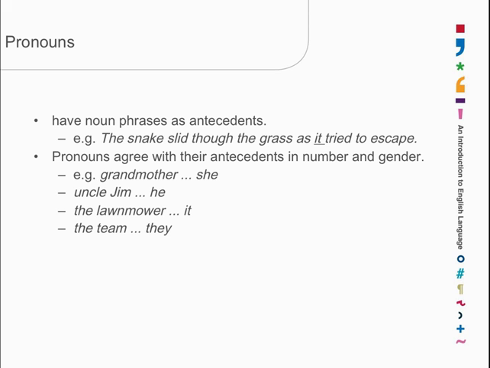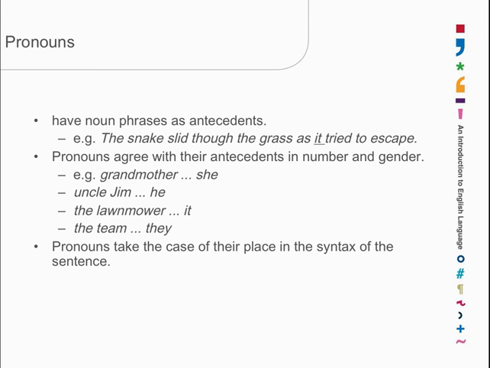There's something else about pronouns that's interesting. They vary also according to their position in the sentence. If we look at that sentence, there are 3 pronouns, he, her, and them. We can't change the form of any of those to another one, so that, for example, he becomes him, and her becomes she, and them becomes they.